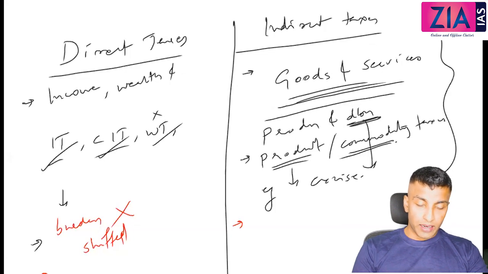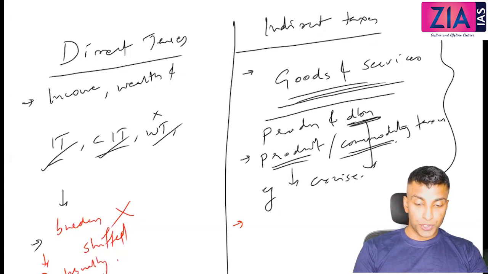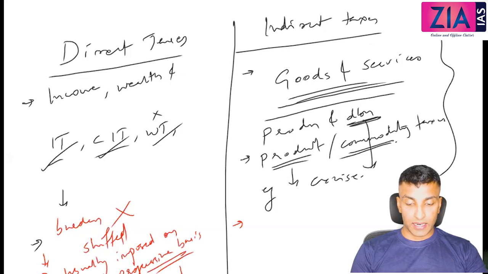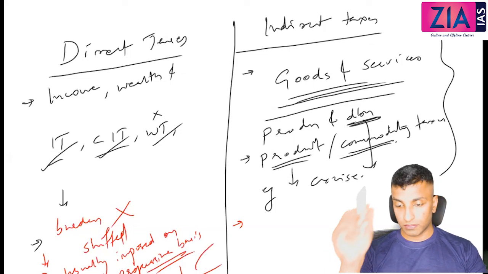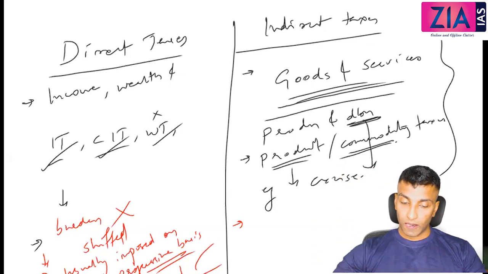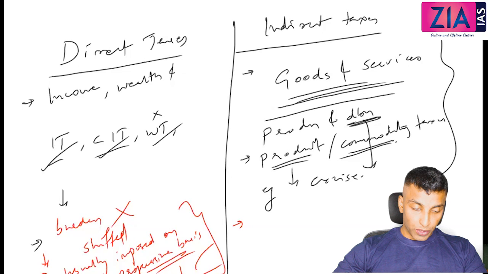Under direct tax, you can write: usually imposed on progressive basis. I've told you what is progressive tax, right? So income tax will usually be imposed on progressive basis.